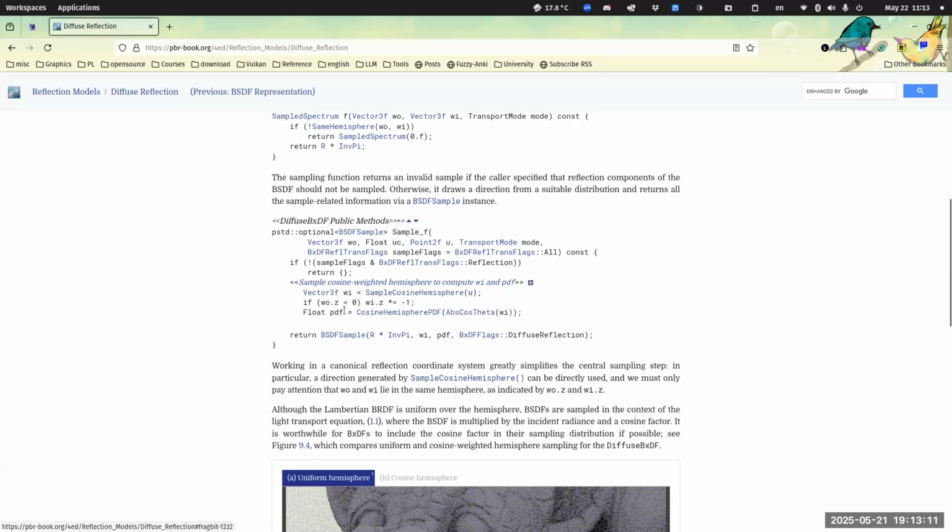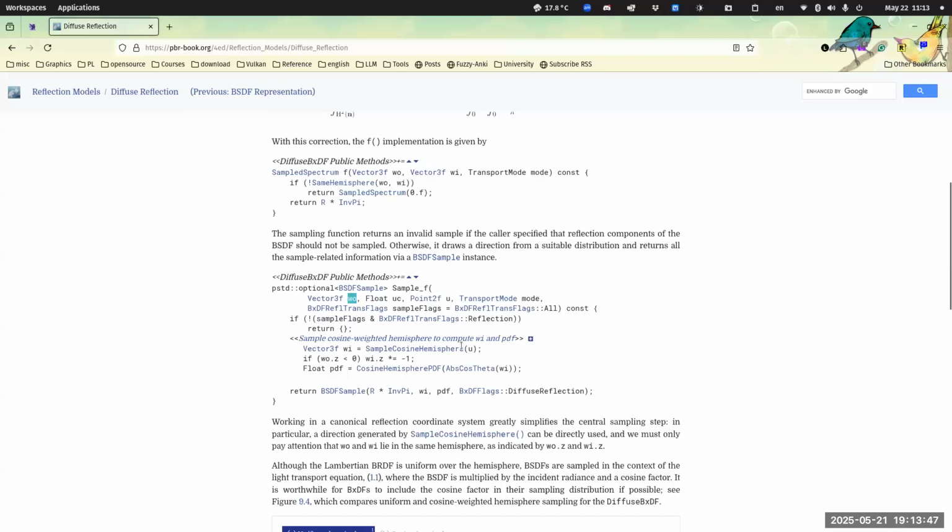This computes the PDF and the input. Oh yeah, because they use the output as input for PBRT that we just learned last section, and so that's why they calculate the input from the output, but not actually from the output in this case because it's Lambertian, so we just sample the hemisphere.